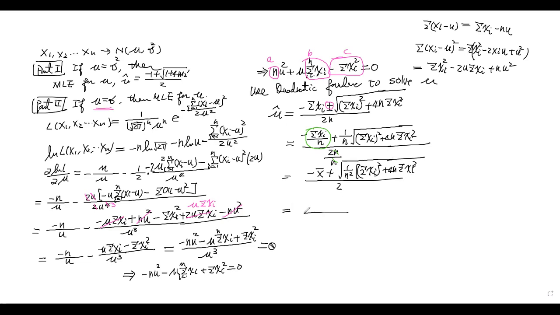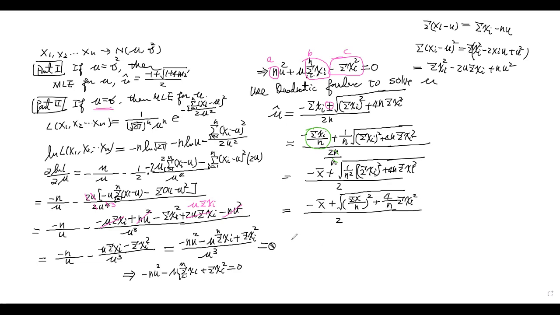So one more algebra step. This is a negative x bar plus, with the n squared in, the summation of x, and for the second term, times n squared, it's going to be 4n times the summation of xi squared.